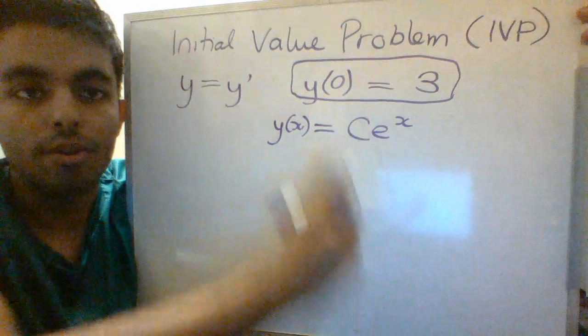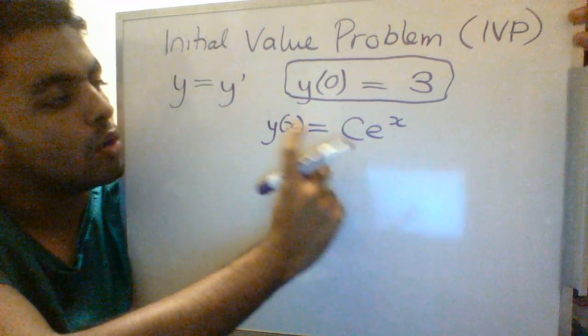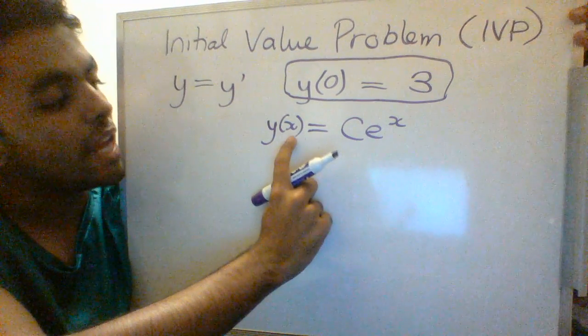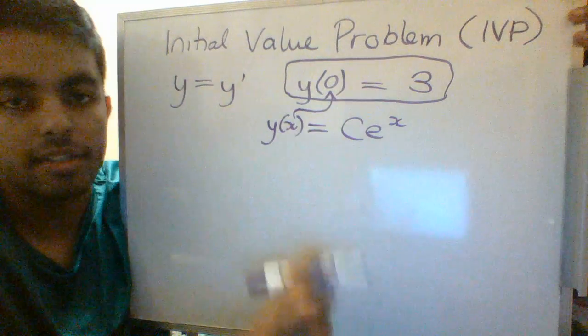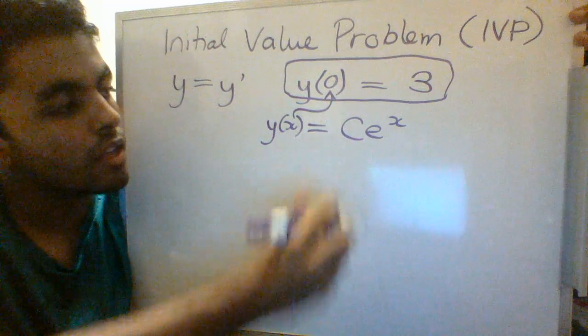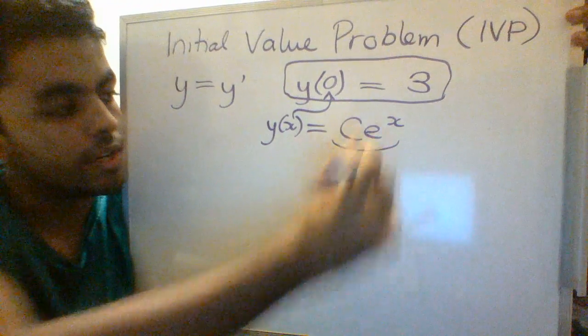And what this is going to allow us to do is figure out what this is, because it's telling us that this is y as a function of x. When x is equal to 0, see how it's written in the same spot as the x? When x is equal to 0, this side of the equation is going to equal 3.